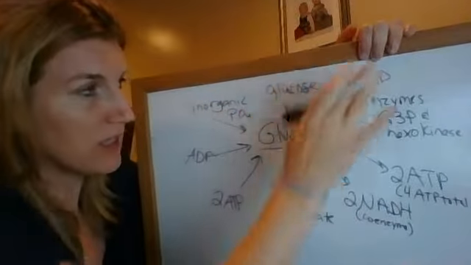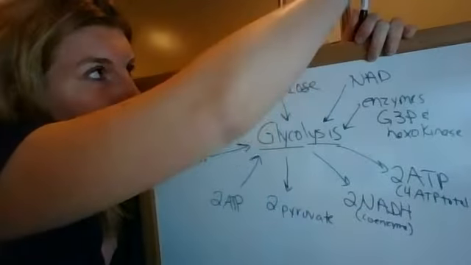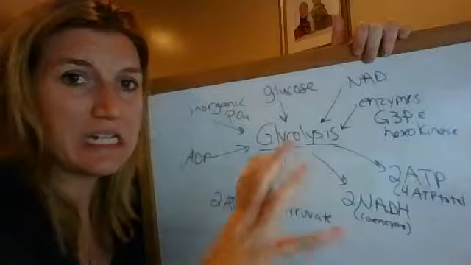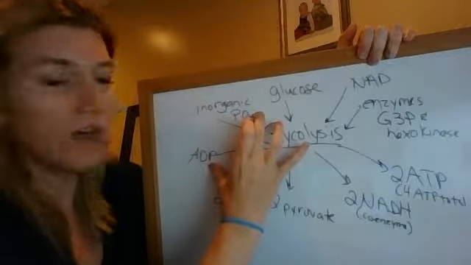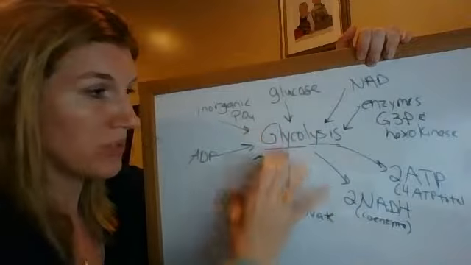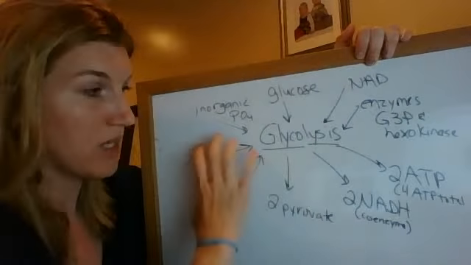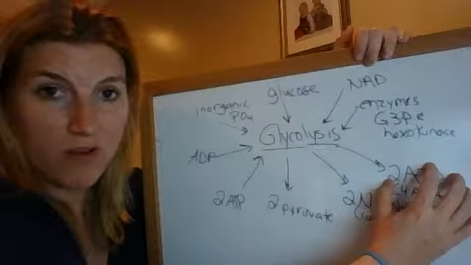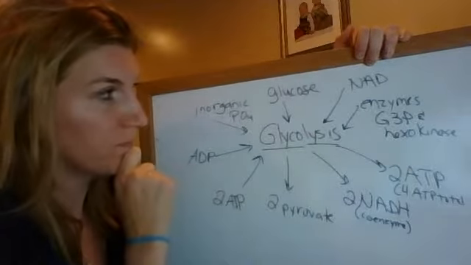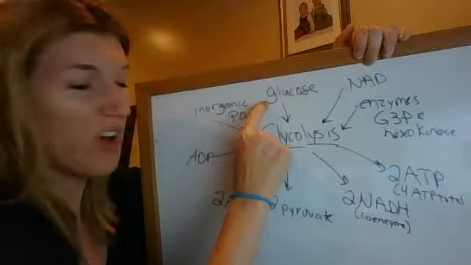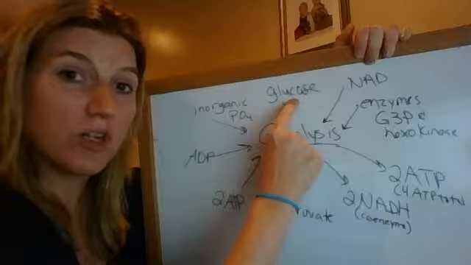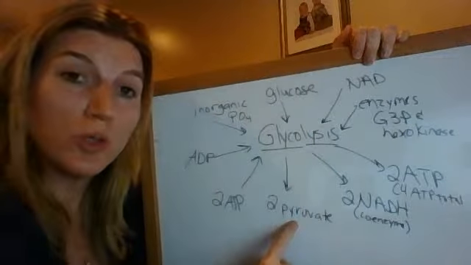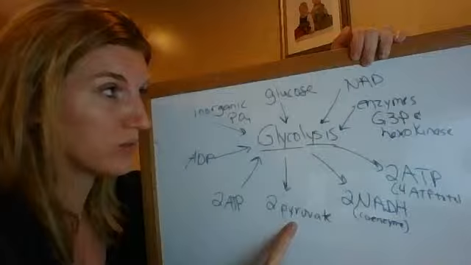So if we just look at this graphic organizer here for a minute, you can kind of see all of these players put into place. The inorganic phosphate and ADP are going to be used, along with this ATP, to create the 4 ATP over here. Our glucose on the whole is being converted from a 6-carbon molecule to 2 3-carbon molecules.